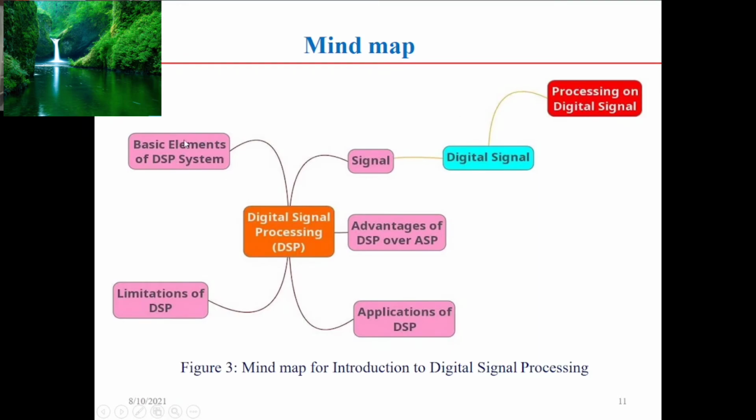Now, what are the basic elements of a digital signal processing system that we have seen? That is the input, the pre-processing, the post-processing. Then there are several other things which we talked about, right? Then we also discussed advantages of digital signal processing, that is DSP over ASP. We talked about application, we talked about limitations, we also talked about applications of it.